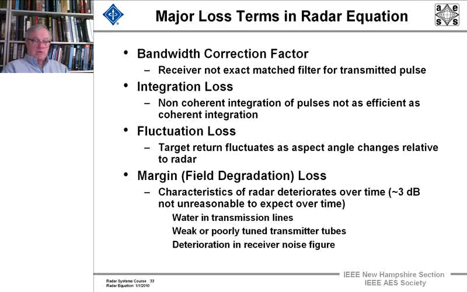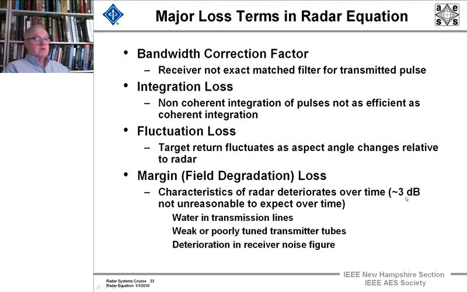You'll see that when we talk about radar cross-sections, and how it can oscillate quite quickly as a function of aspect angle for complex targets when there are many scattering sources interfering constructively and destructively with each other as the aspect angle changes. That can cause the target cross-section to fluctuate a lot. There's a fluctuation loss that has to be taken into account. And then a field degradation margin.